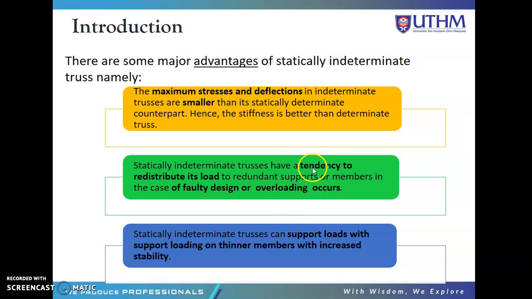The third one is that the truss can support load with the loading on thinner members with increased stability. So these are the advantages of using statically indeterminate trusses.